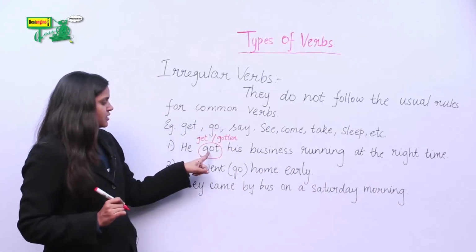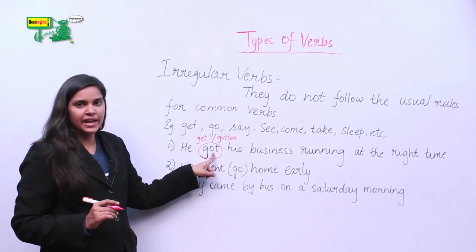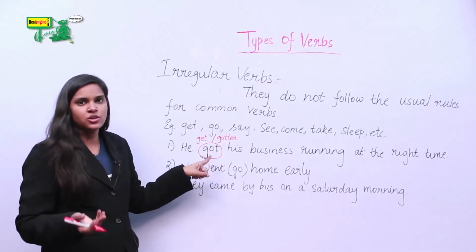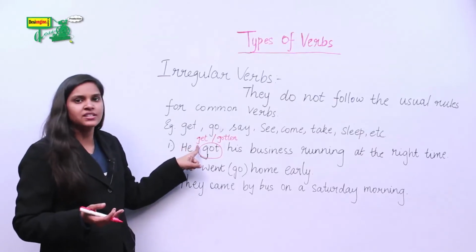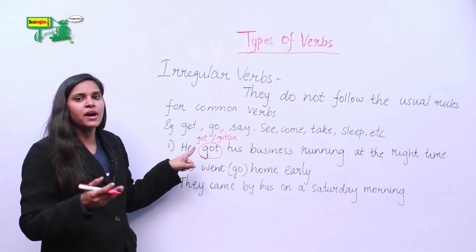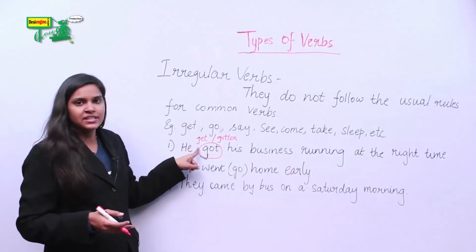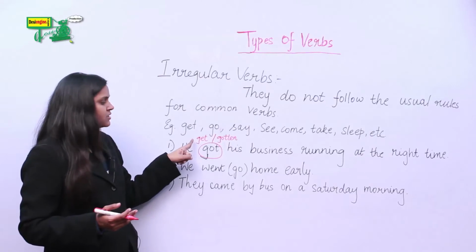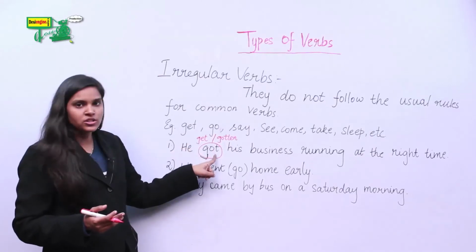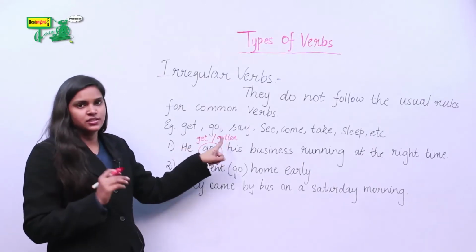That is, this verb does not end in the conventional way. You cannot have the simple past of get as getted or the past participle of get as getted. It changes completely. It is get, got and gotten.